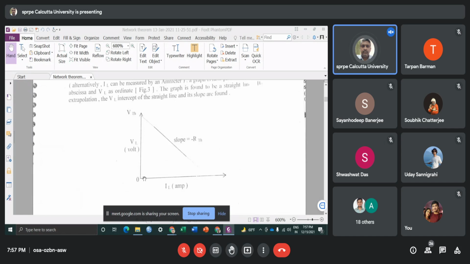So this type of plot we can get where I plot VL along the y-axis and IL along the x-axis. The slope will give you minus RTH, and the intercept on the y-axis will give you the voltage VTH.